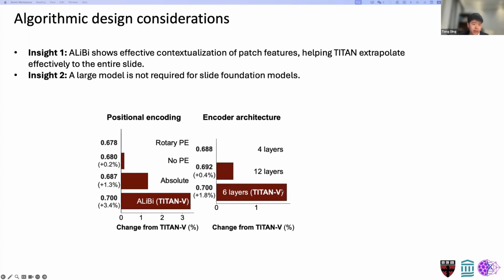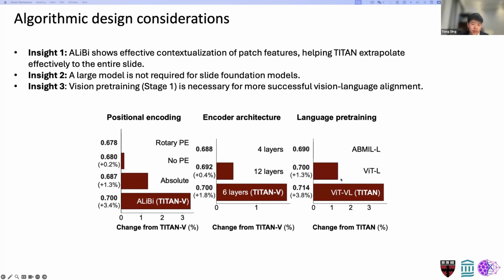Our second insight is that for training a slide level encoder, a larger model is not necessarily better than a smaller model, and we show that a 6 layer vision transformer can be good enough and better than a larger 12 layer vision transformer.